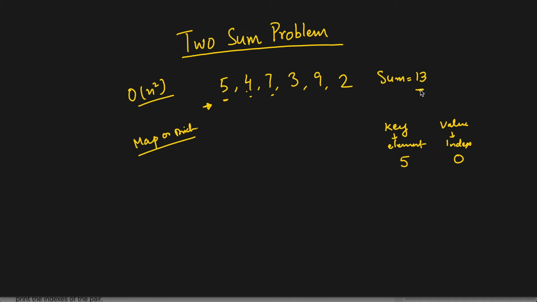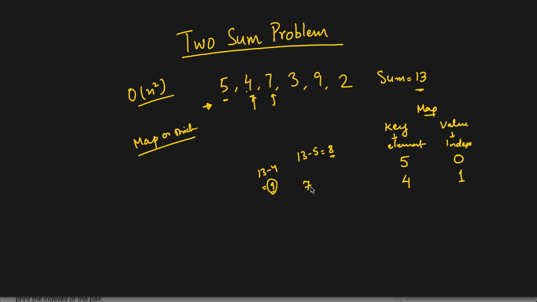The sum required is 13, so 13 minus 5, now we require 8. 8 is not present in the map, so we'll move to the next element. That is 4, so we'll enter 4 and index 1. We'll also check 13 minus 4, which is 9. We check if 9 is present in the map. It is not present, so we'll go to the next element.